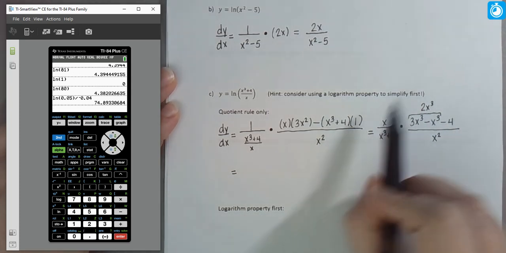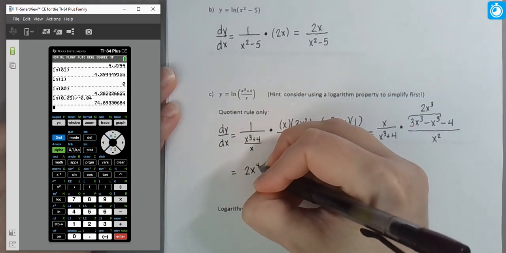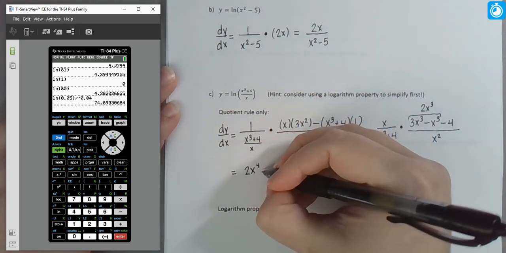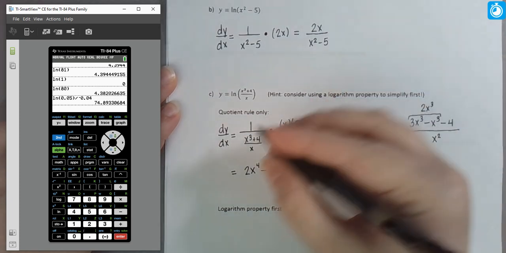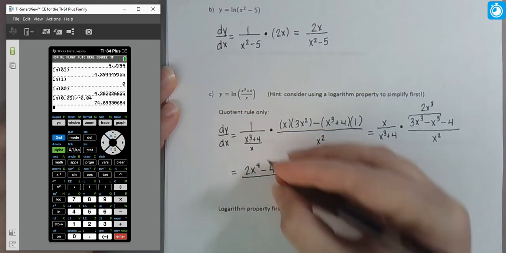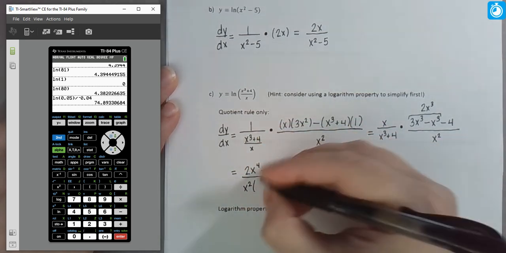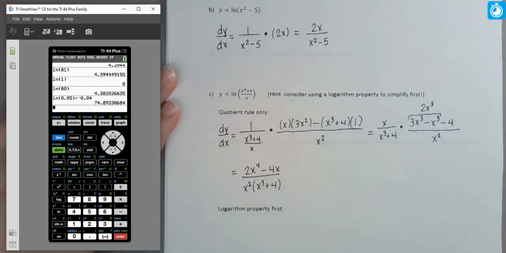And then we can distribute that x. So that's going to be 2x to the 4th, and then x times negative 4 is going to be negative 4x. All of that over x squared times x cubed plus 4.